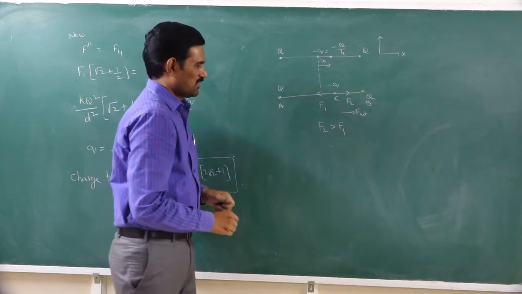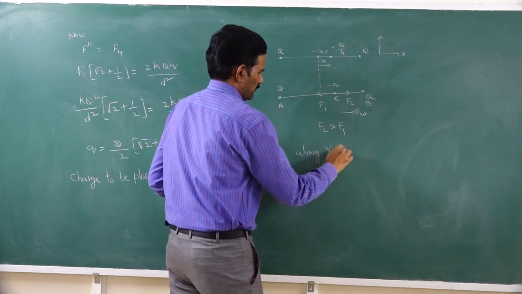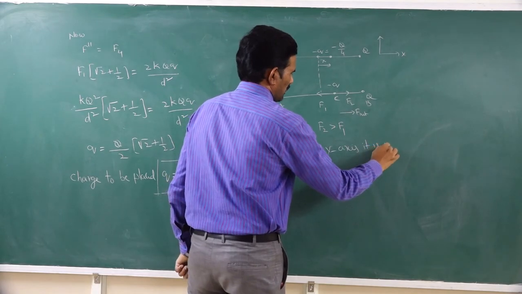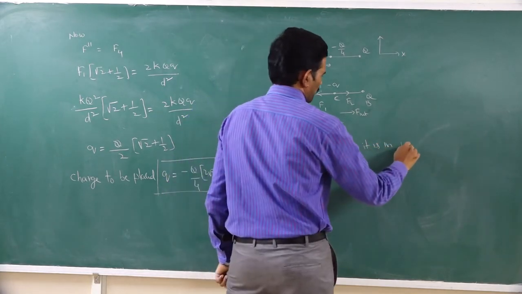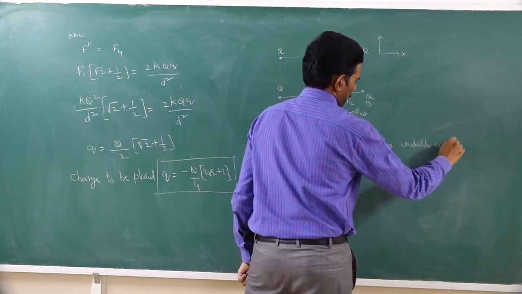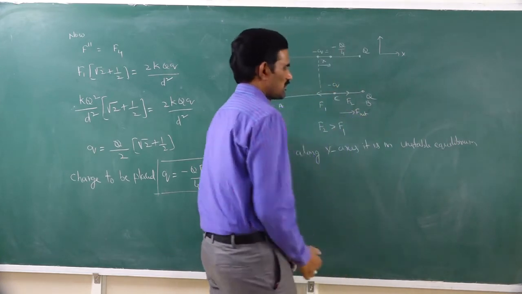So along the x-axis it is in unstable equilibrium. Is it clear?